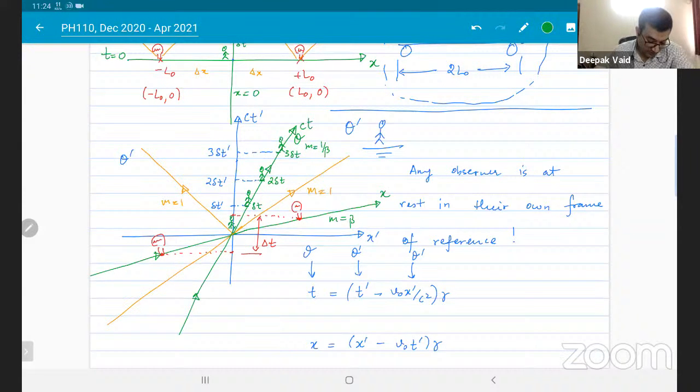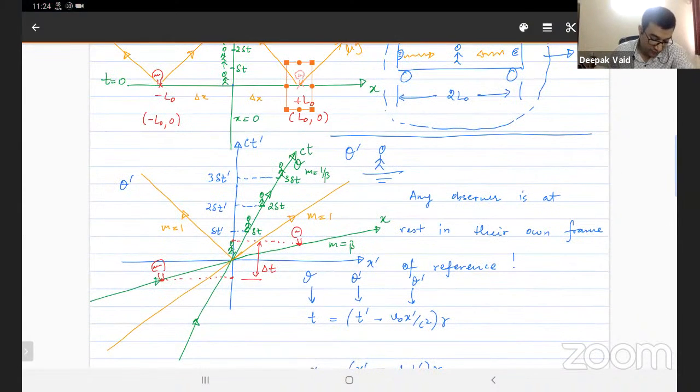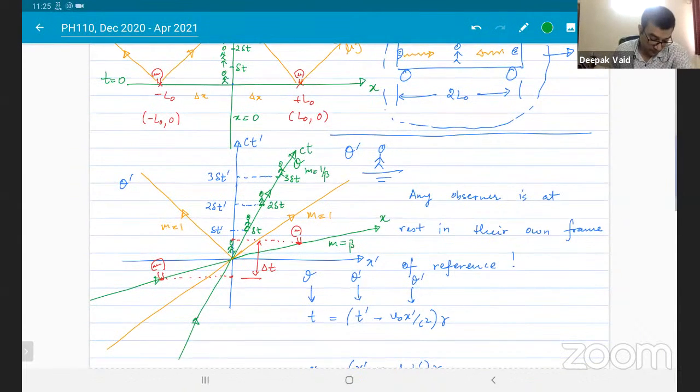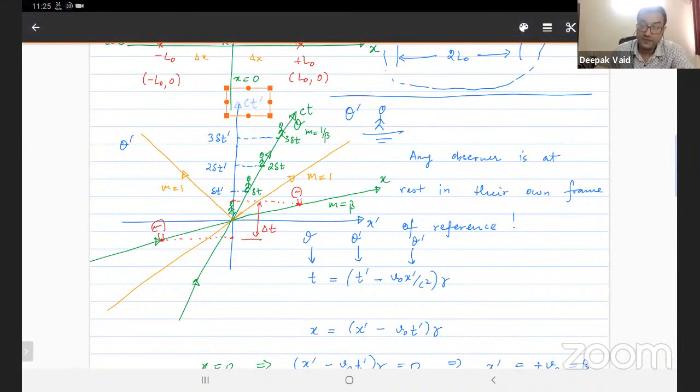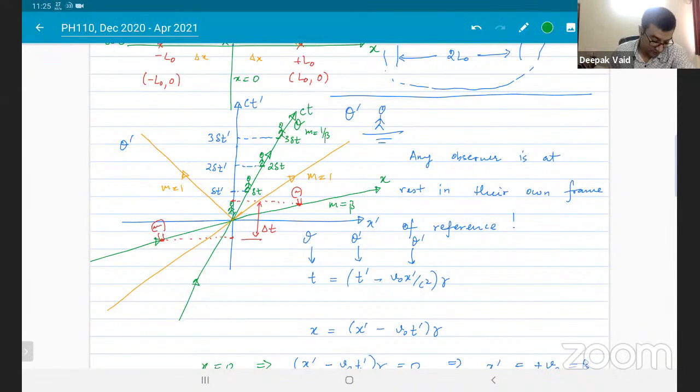Now I can see that the two points which were at the same time according to O no longer happen at the same time, because this is O prime's time axis, right?